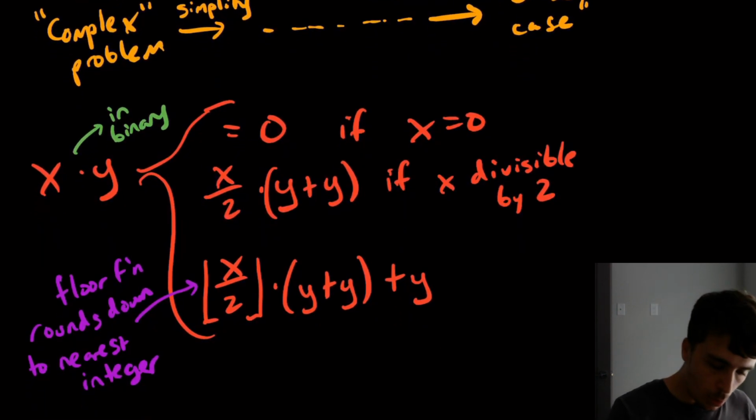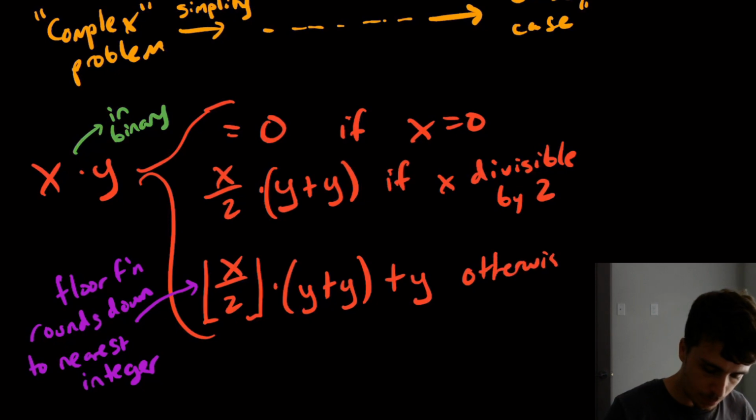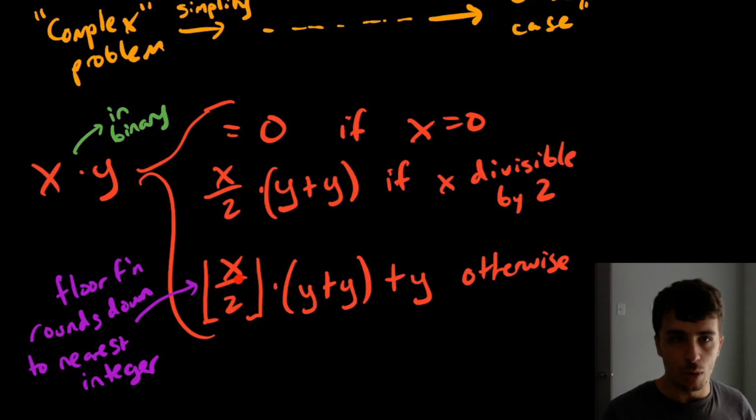Okay, so we could have done it here too, but it just muddies up the picture. So the key difference is, I should say otherwise here. If x is not divisible by 2, then we round down, multiply by 2y, and then the remainder, so to speak, is this plus y at the end.